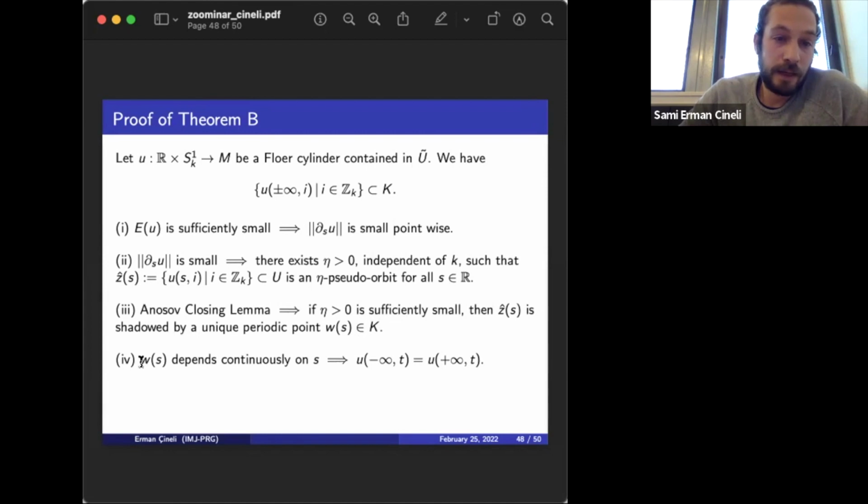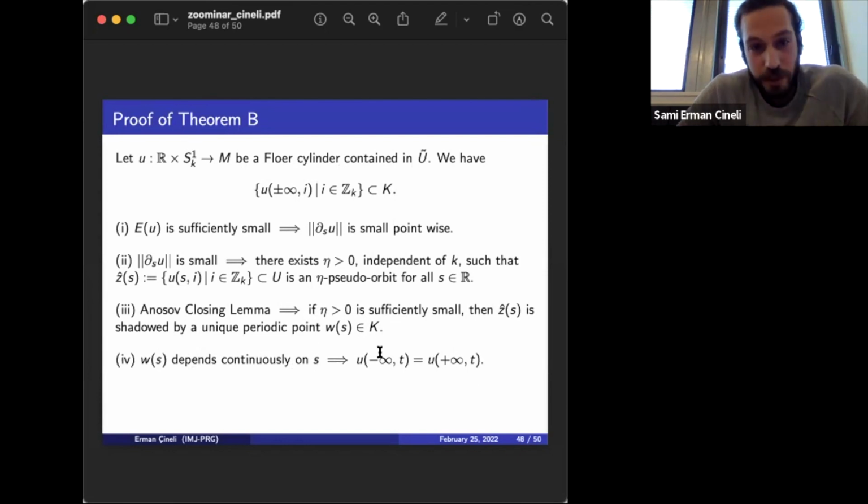So this w_s depends continuously on s, and by uniqueness, we get that it's constant. At the same time, when s is close to negative infinity and positive infinity, we are close to the asymptotics of the Floer trajectory.